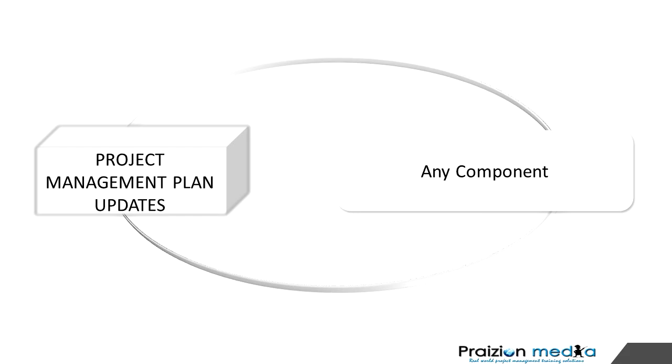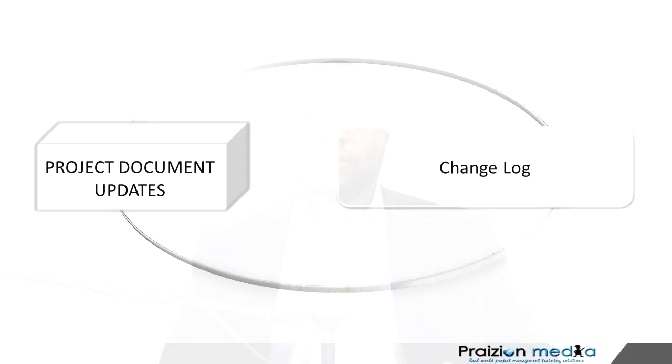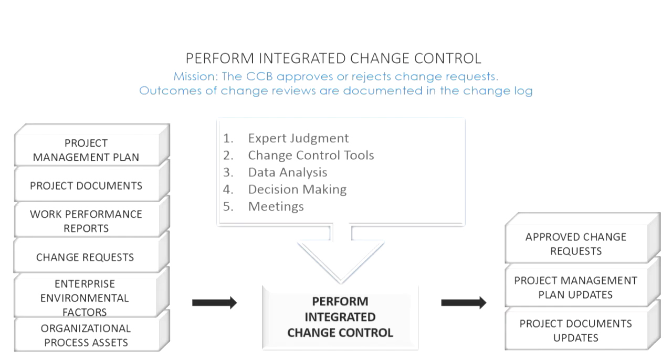Last but not least, we have project documents updates, but beware, because in this output, we have a very important sub-output, the change log. It's not called out specifically, but it's inside project documents. So when you think about project documents as an output from perform integrated change control, the big one you want to think about is the change log.